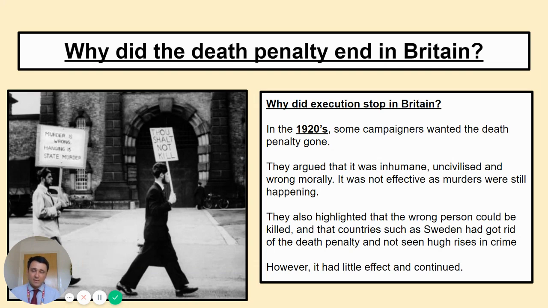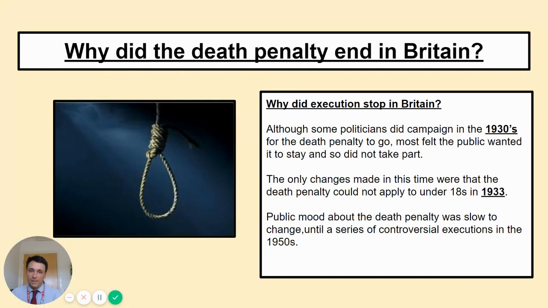These protesters, though, had little effect, and the death penalty continued throughout the 1920s without any real change at all. In the 1930s, a few politicians started to campaign for the end of the death penalty. But most politicians, the people who could change this law, looked around at the people of Britain and saw most people wanted it to stay.